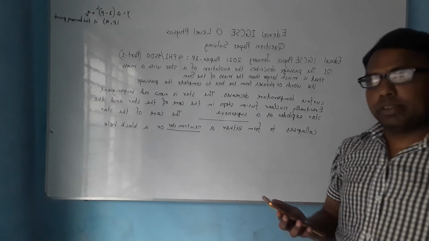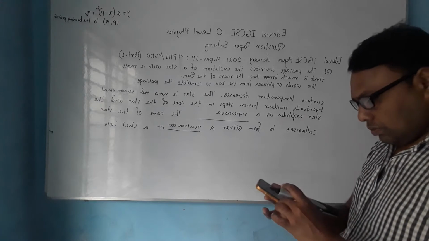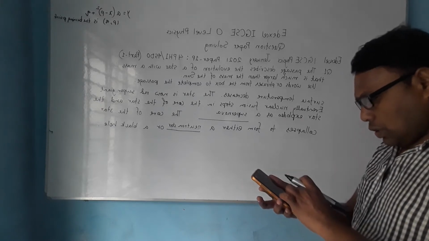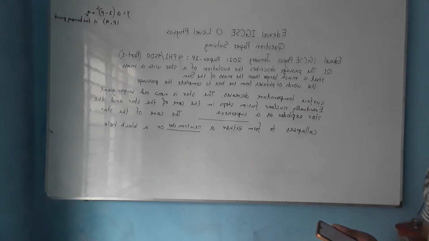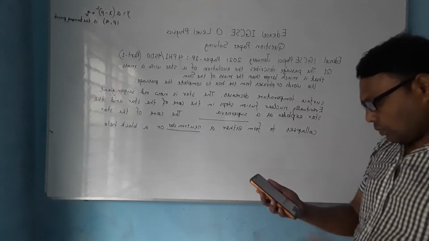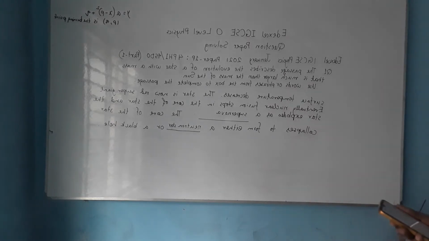A supermassive star usually ends in a black hole. So the end of a star actually depends on the mass of that star. So this is all about question number 1.